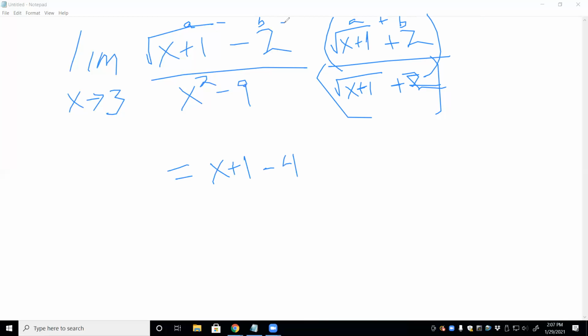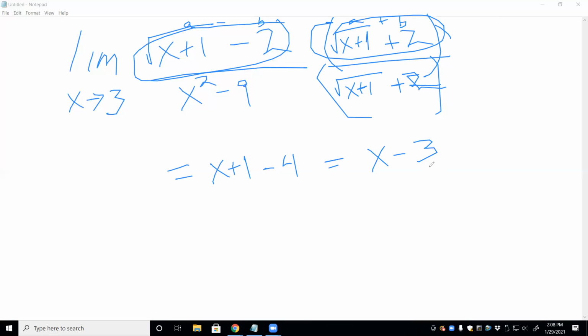So this times this is x plus 1 minus 4. It comes down to a very simple expression. I can condense that to x minus 3.